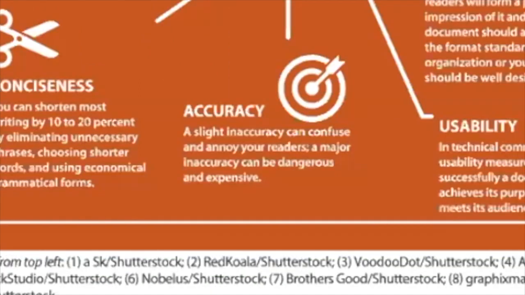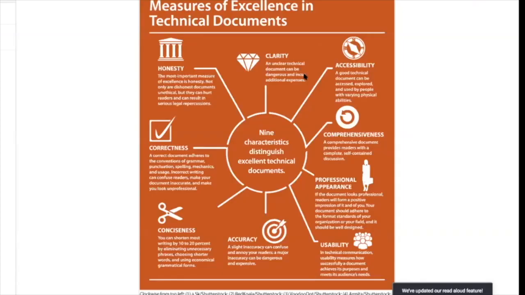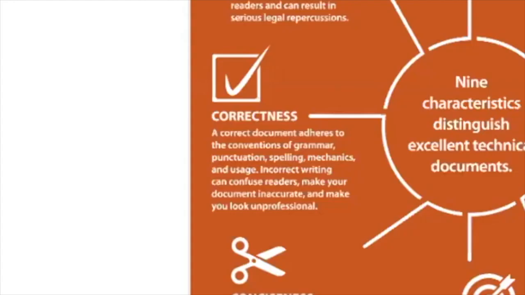Accuracy. A slight inaccuracy can confuse and annoy your readers. A major inaccuracy can be dangerous and expensive. Conciseness. You can shorten most writing by 10 to 20% by eliminating unnecessary phrases, choosing shorter words, and using economical grammatical forms. Correctness. A correct document adheres to the conventions of grammar, punctuation, spelling, mechanics, and usage.